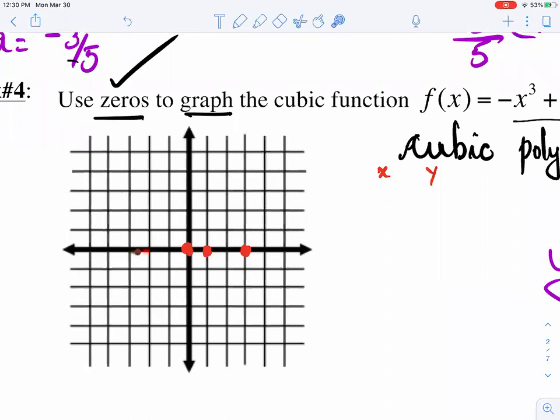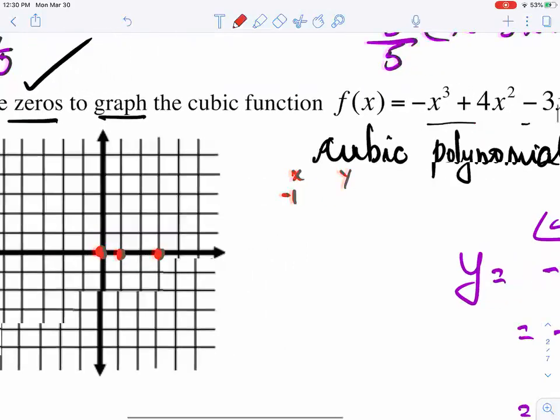You need to know what's happening here. We don't know, is it starting here or is it starting here, or what's happening to the left of 0? So I'm just going to take negative 1 as my first extra point. Find the y value when x is equal to negative 1.